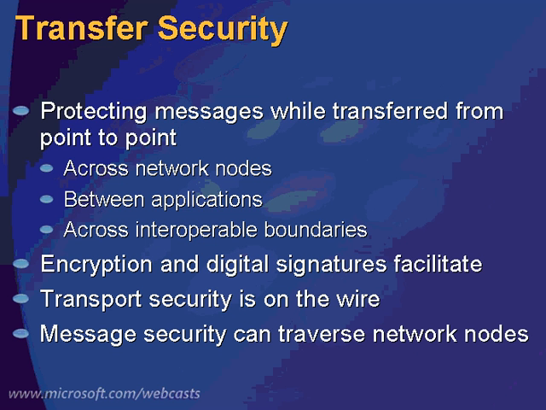And there are ways to do this by enabling encryption and digital signatures, or encryption and signing as we call it. And we can do that either on the wire, which is using transport security, like SSL for example, which is point-to-point, or message security, which means we protect the actual contents of the message no matter how many network nodes it traverses.